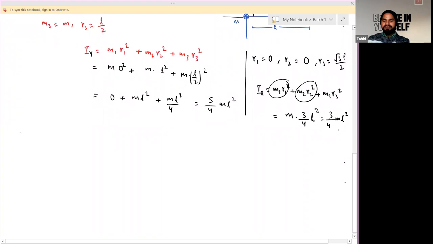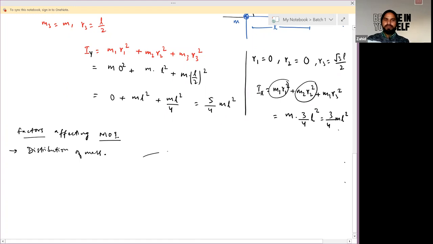Now, there are some factors on which moment of inertia depends. Factors affecting moment of inertia. First is distribution of mass.